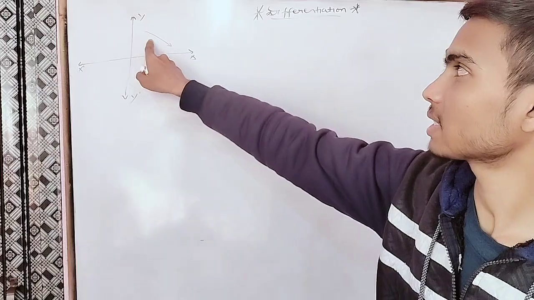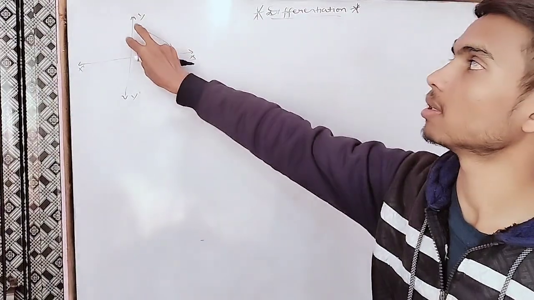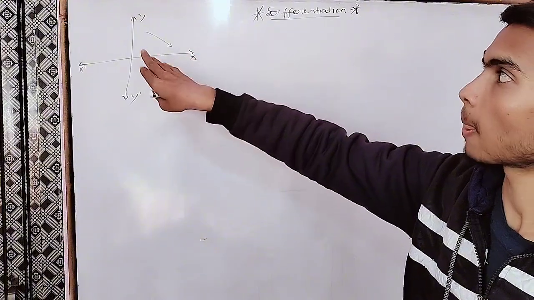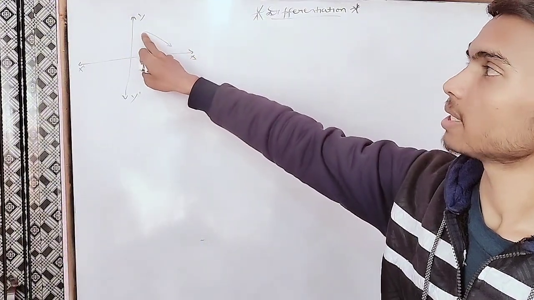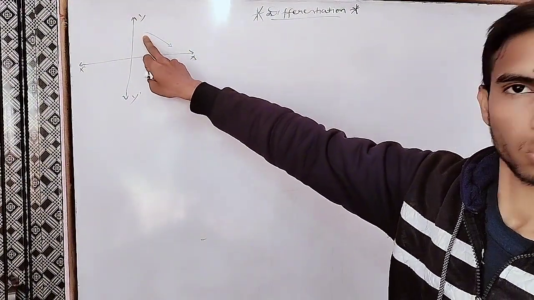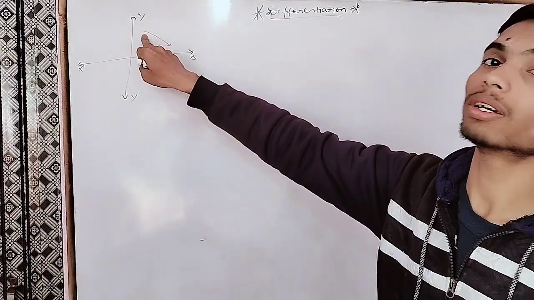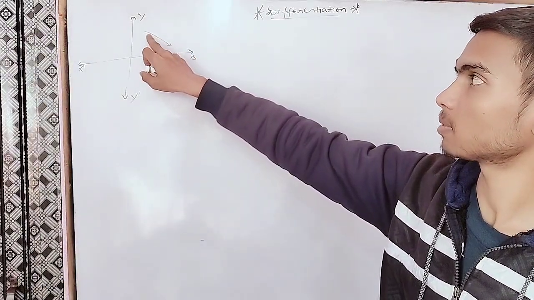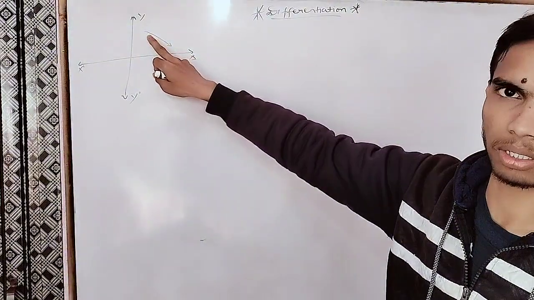So as x moves, y is decreasing. Here x is constant, but gradually x comes till here.